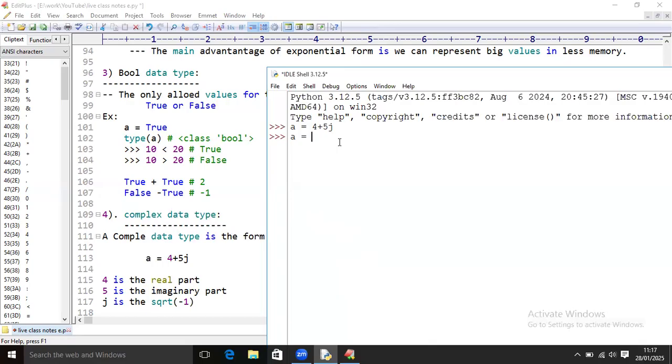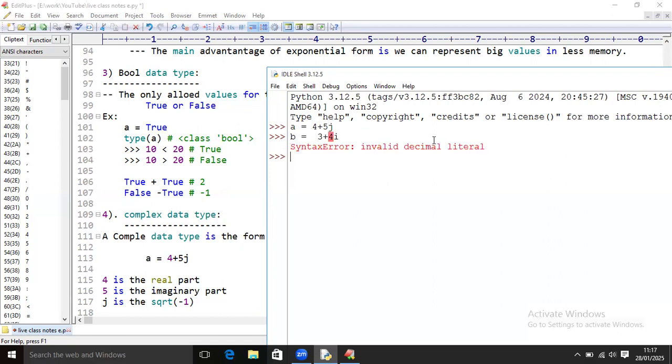Let's take b equal to 3 plus 4i. Is it accepted or not? No, it will not accept.